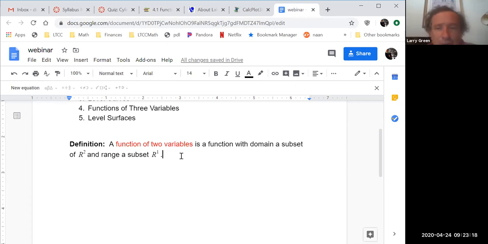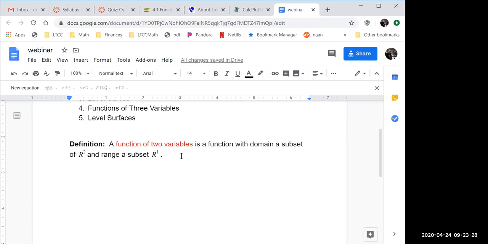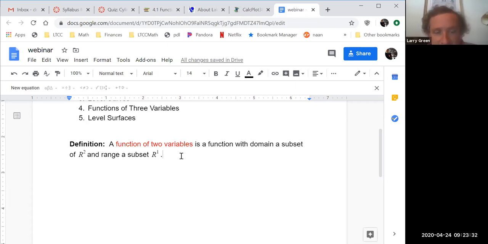If you had to solve for z, and this actually happened today, you're going to get a plus or minus. Remember we had to do some plus or minuses today? So if you solve for z, you get a plus or minus, and you lose that uniqueness, and functions have to have uniqueness. So an ellipsoid is not an example of a function of two variables. Any questions on that?